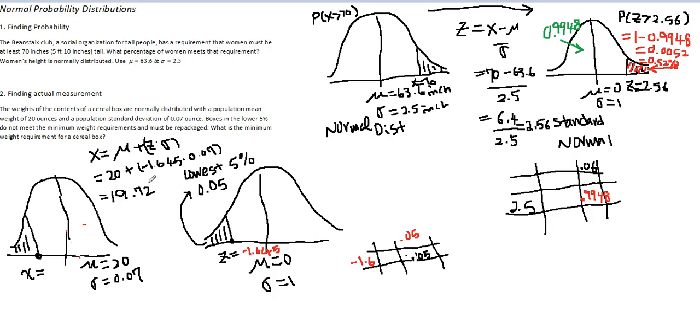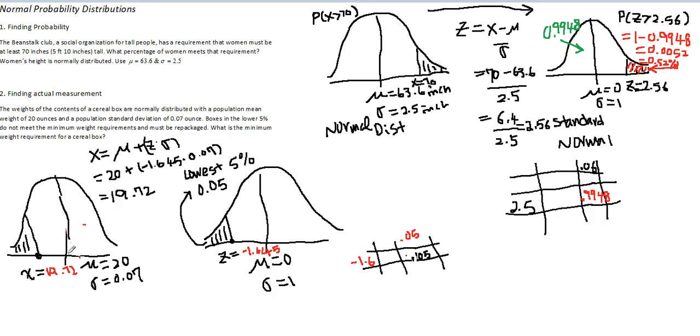Let me do this one more time. If you use 1.65, you will get slightly different numbers, but that will be fine. Either way it will be fine. So the cutoff score here is 19.72 ounces.